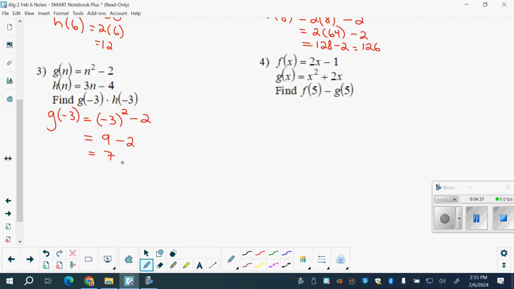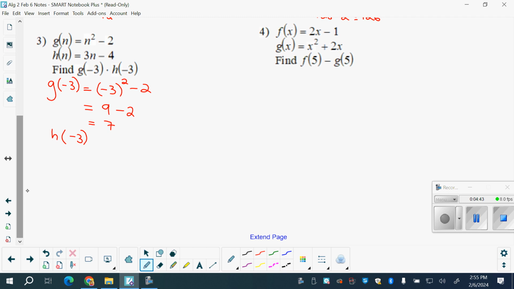Okay, and now we're going to find the h of negative 3. And that would be 3 times negative 3 minus 4, negative 9 minus 4. And what's negative 9 minus 4?